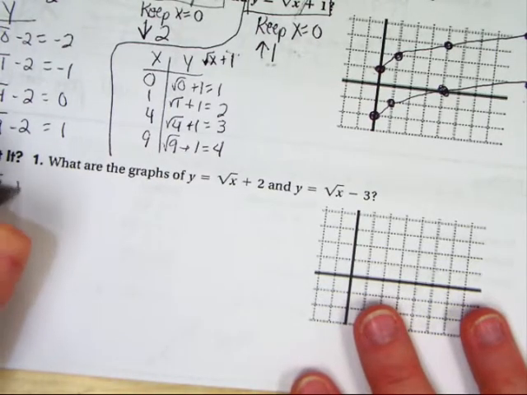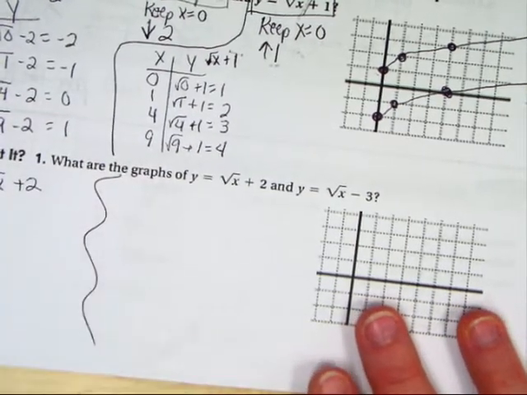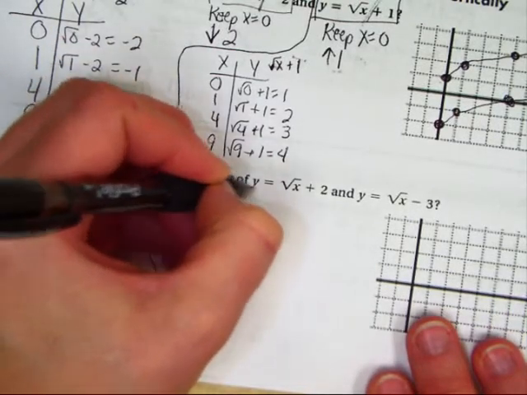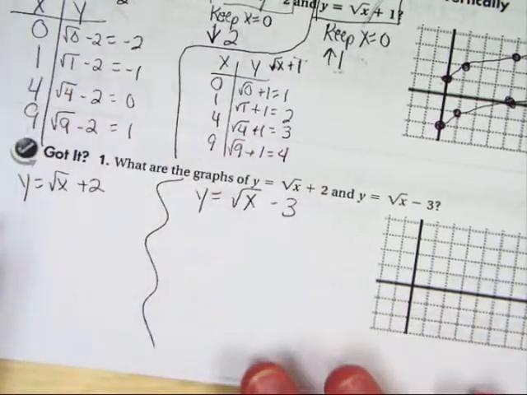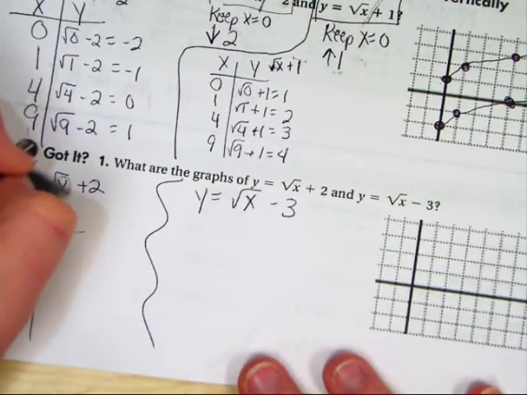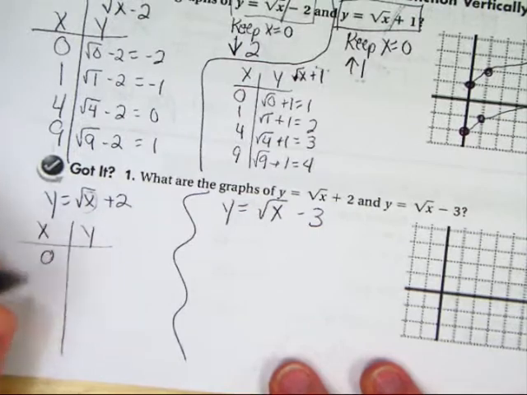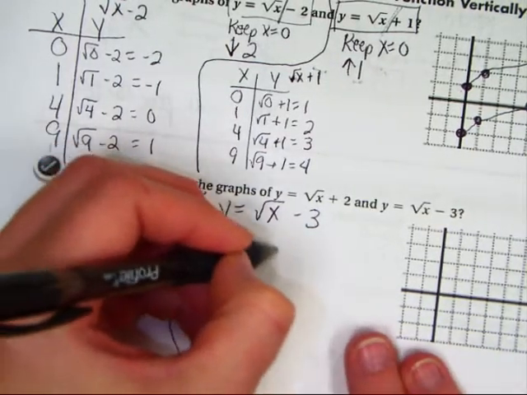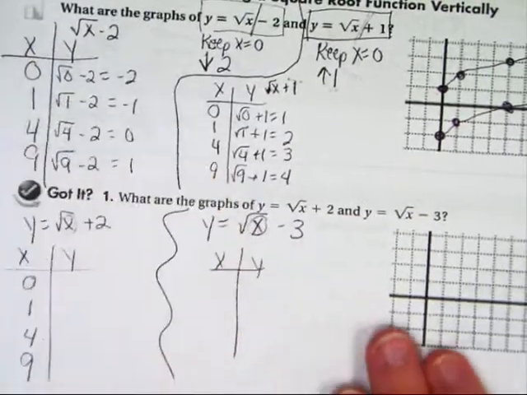Let's do the square root of x plus 2 on the left. Let's compare that then to y equals the square root of x minus 3. Notice x is kind of by itself. So we're going to start at 0, 1, 4, 9. And over here, the same thing. X is by itself.